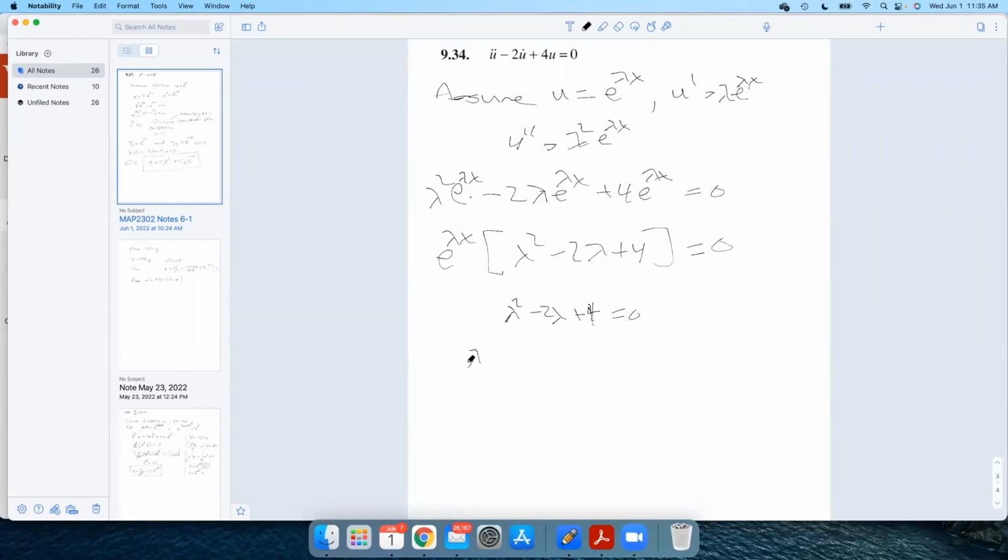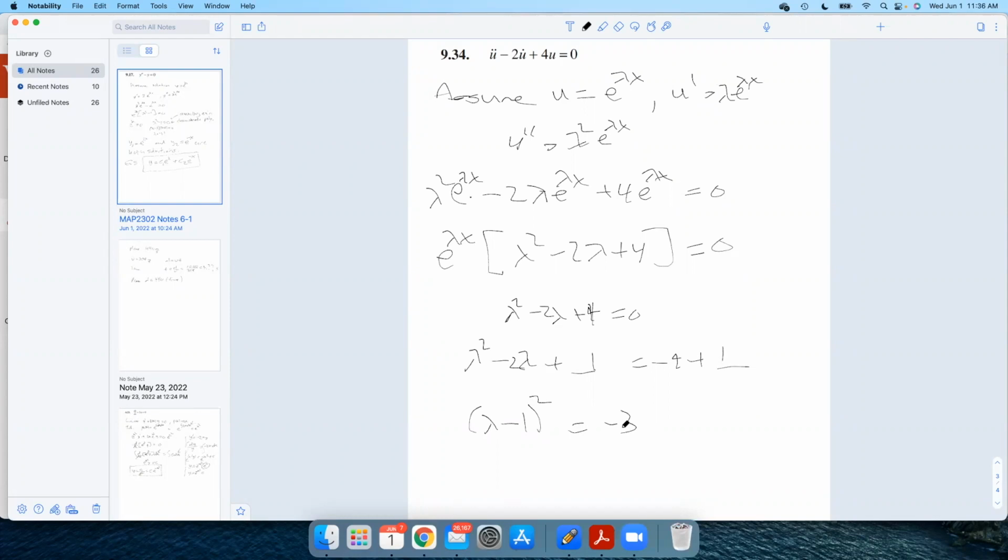I would do lambda squared minus 2 lambda plus blank equals -4 plus blank. Half of 2 is 1, squared is 1. I'm going to add 1 into both sides. Then the left-hand side is a perfect square trinomial, and we'll factor lambda minus half of that guy squared.